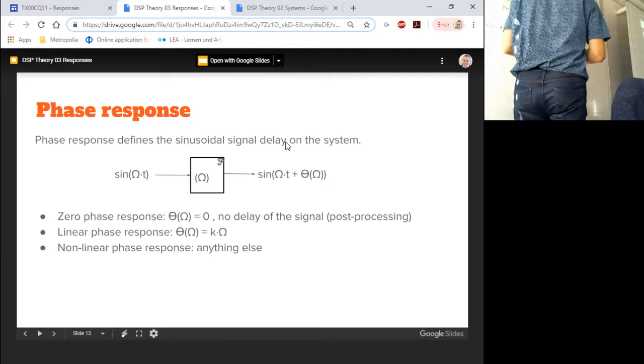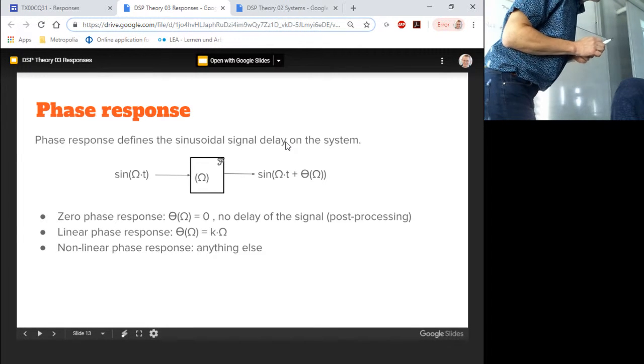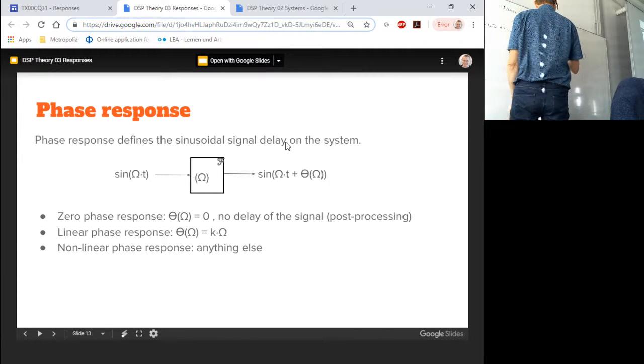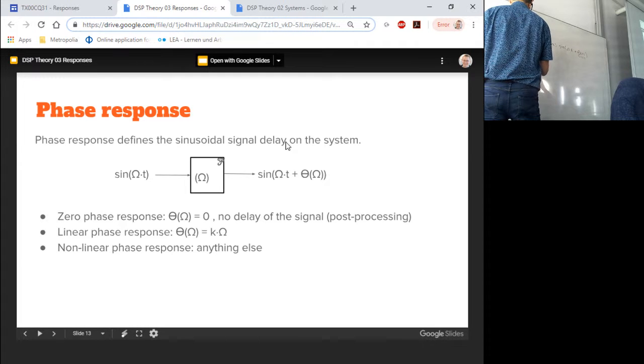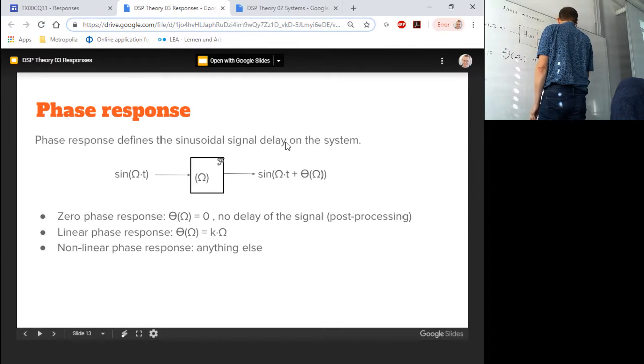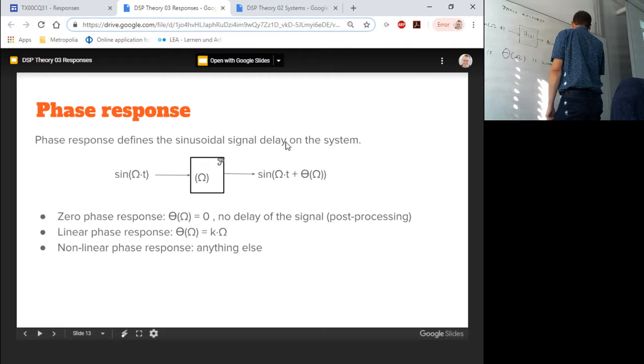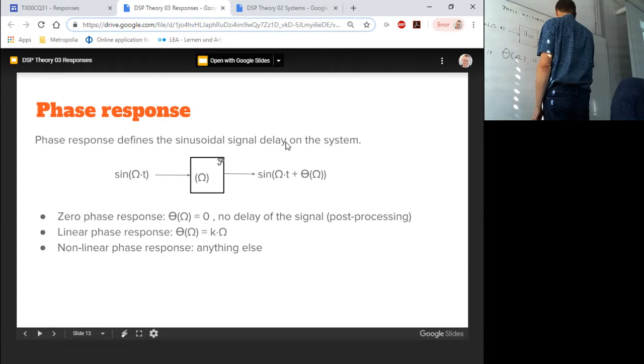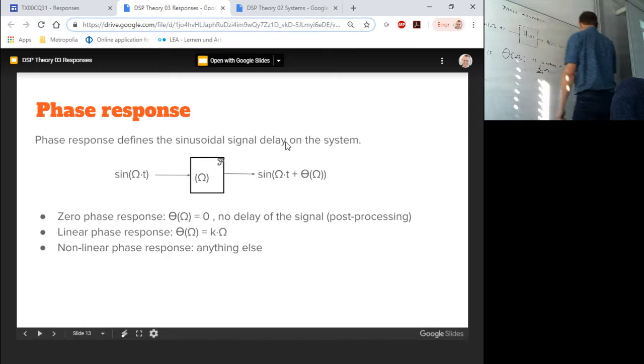Right, so a few cases. If we have theta of omega linear, meaning k times omega, some constant, let's mark it t0 times omega, then we have the sine of omega times t plus t0.